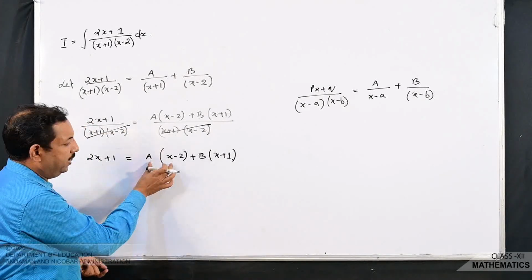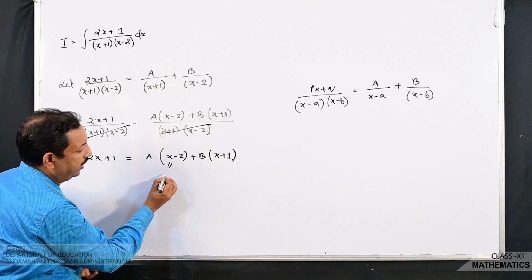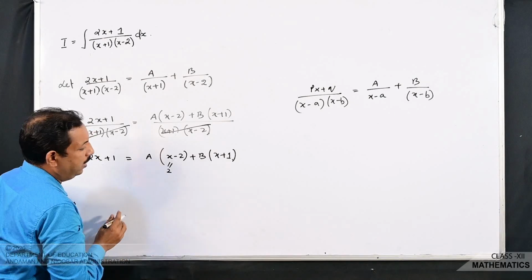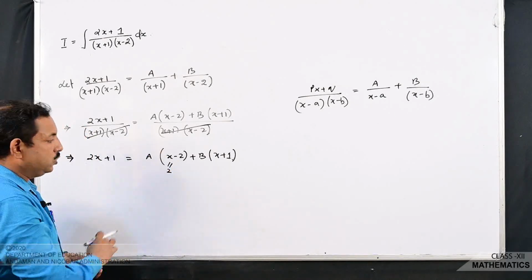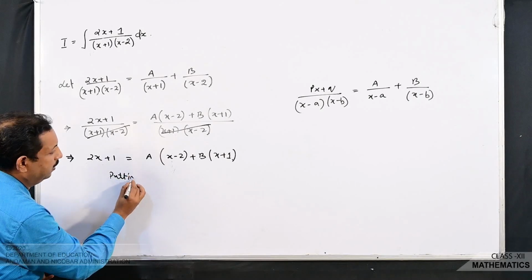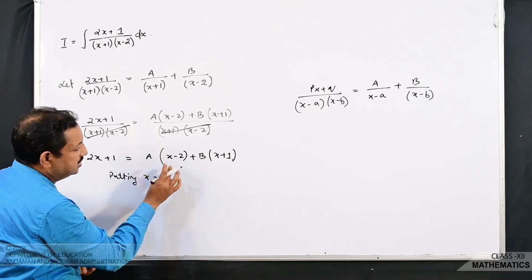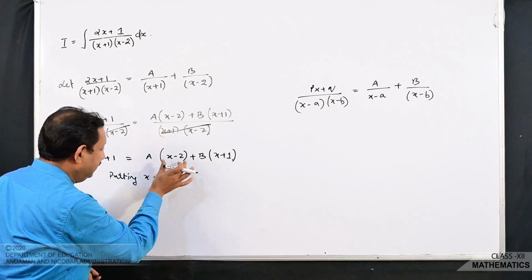Suppose I want to make this term 0, then simply you have to put x as 2 and this will make it 0. So putting x equal to 2, this term is 0 and this term is 0.